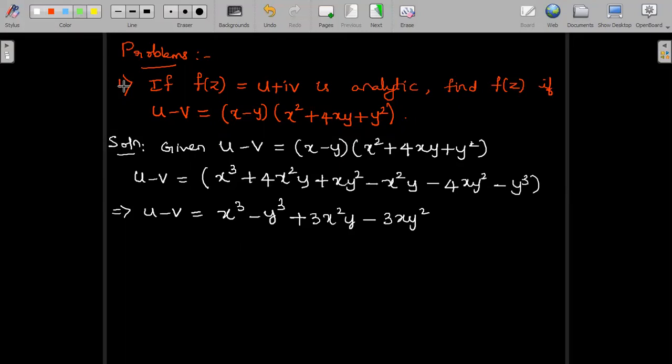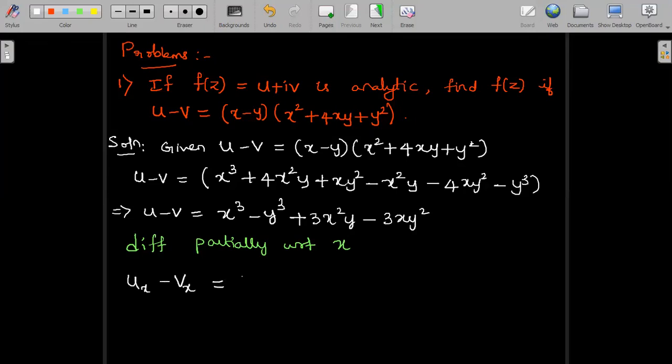Now we will differentiate partially with respect to x and later with respect to y. So differentiating partially with respect to x, what is the differentiation? Left hand side will be ux minus vx.